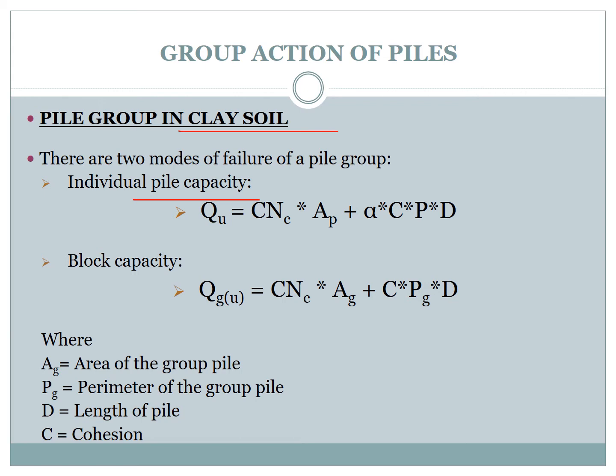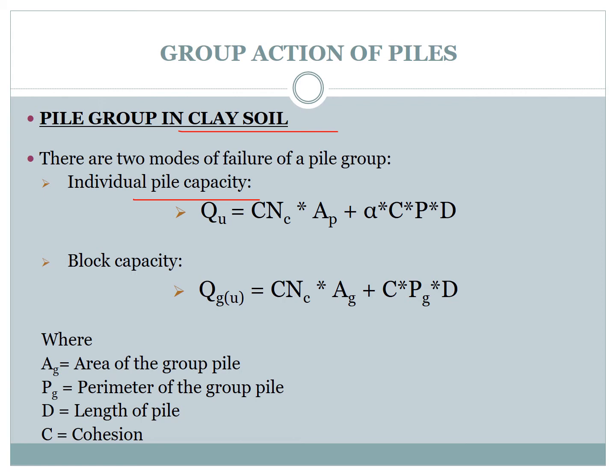The mode of failure of a pile group in cohesive soil depends primarily on the spacing of the piles. For smaller spacing, block failure may occur. In other words, the load carrying capacity of the pile group acting as a block will be less than the sum of the load carrying capacities of the individual piles.